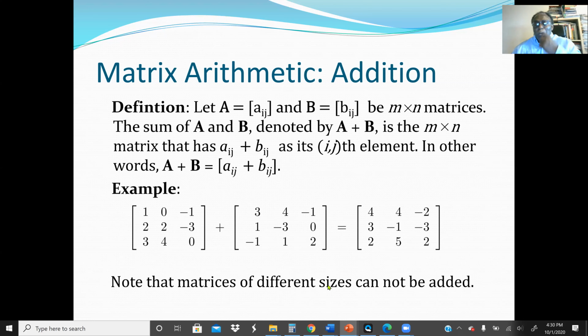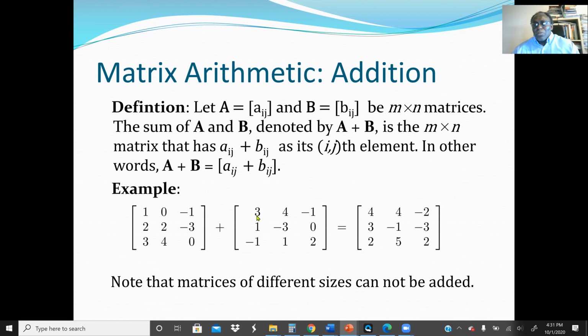Now, when we are adding, we are going to add the exact position of each element. So for example, the first matrix, the first row, first column is 1. The second matrix, the first row, first column also is 1. So I'm going to add the same position, first row, first column.